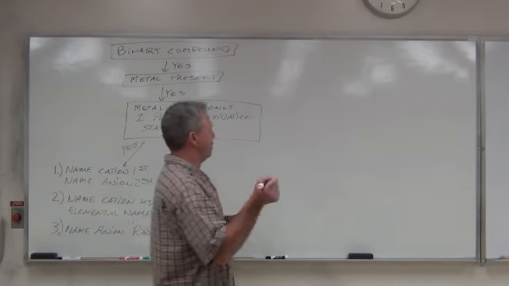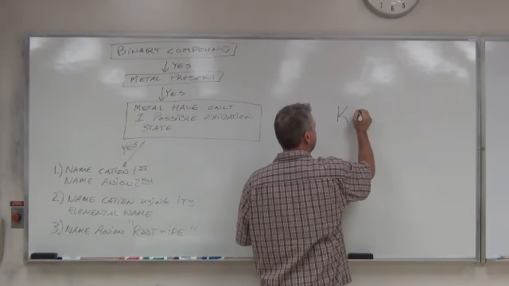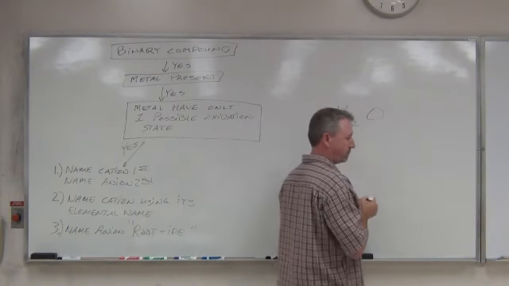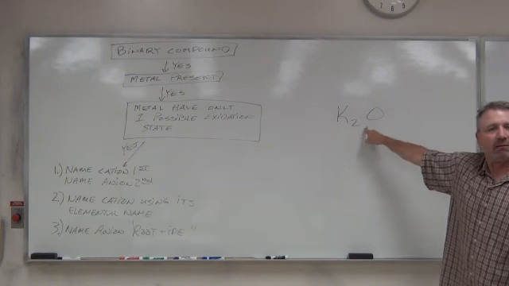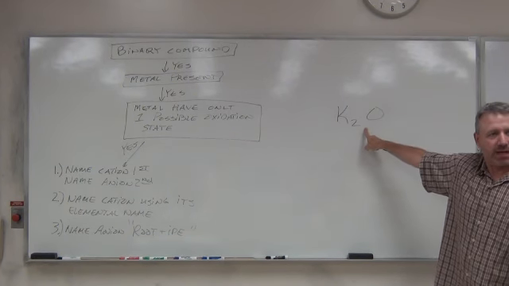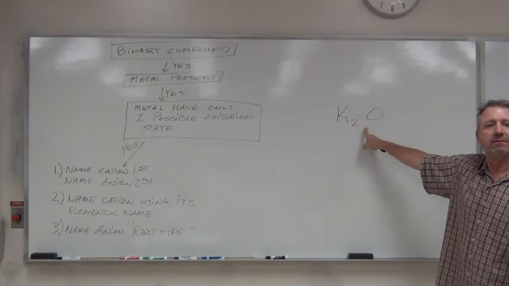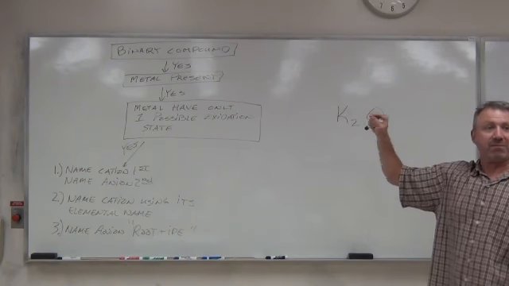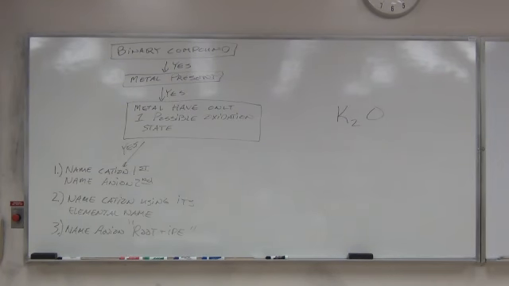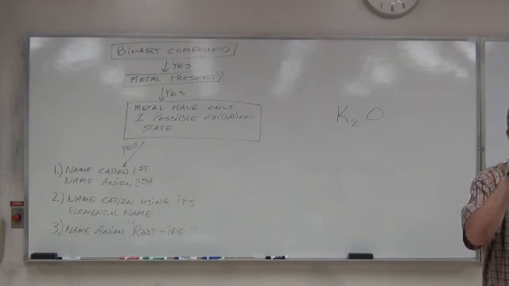Okay? So let's do some examples. Binary compound. Yes. Is there a metal present? Yes. Does the metal have only one possible oxidation state? Where is it? Group 1, right?